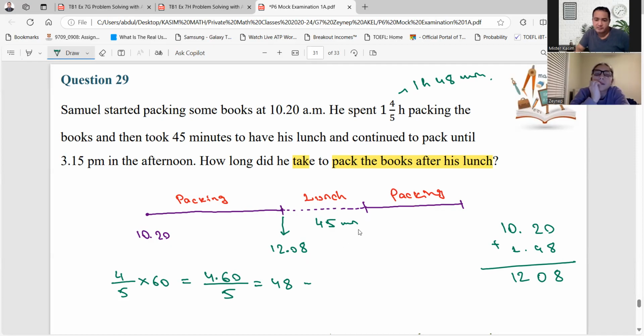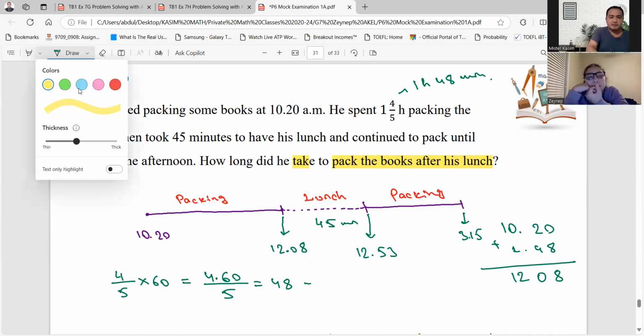After that, he ate lunch for 45 minutes. So 45 plus 8 minutes, now it is 12:53, until 3:15.